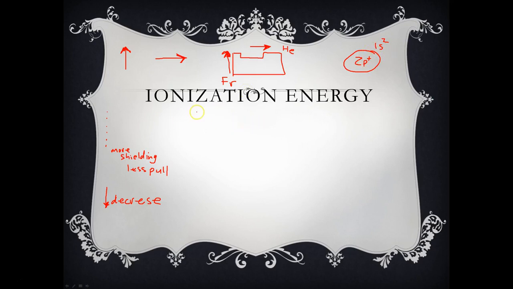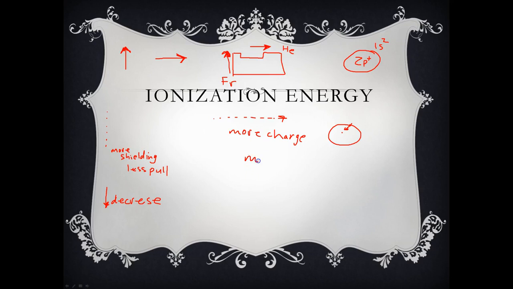Okay, why does ionization energy increase this way? It increases that way. Why is that? Well, as you go from one element to the next, you have more charge in that nucleus. Well, as you have more charge, that nucleus is going to pull those electrons in a little bit more.